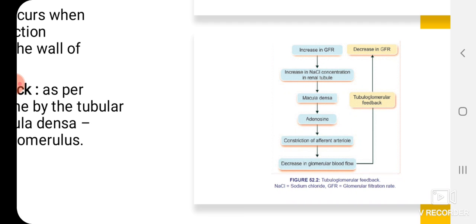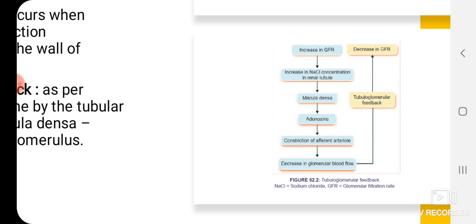By the increase of sodium ion, chloride ion and water, they inhibit the release of nitric oxide. The macula densa decreases the release of nitric oxide from the cells of the juxtaglomerular apparatus.